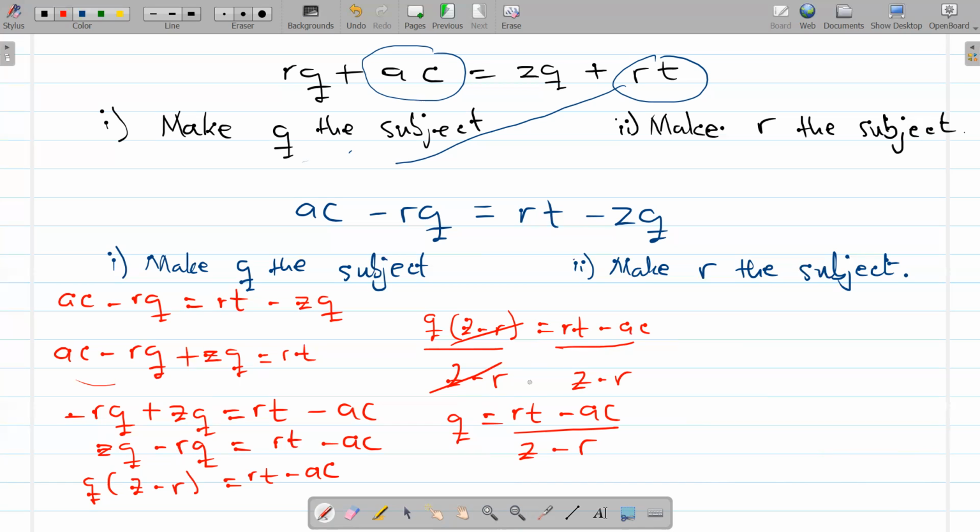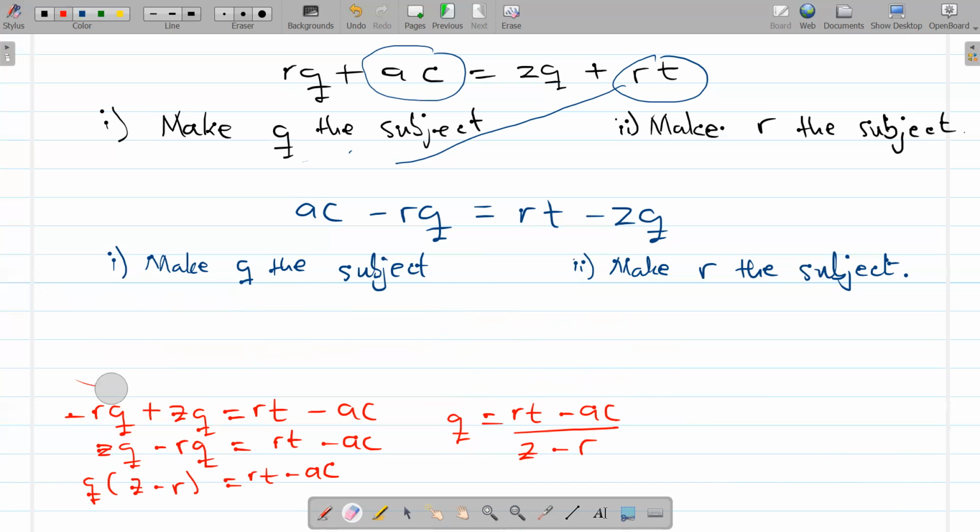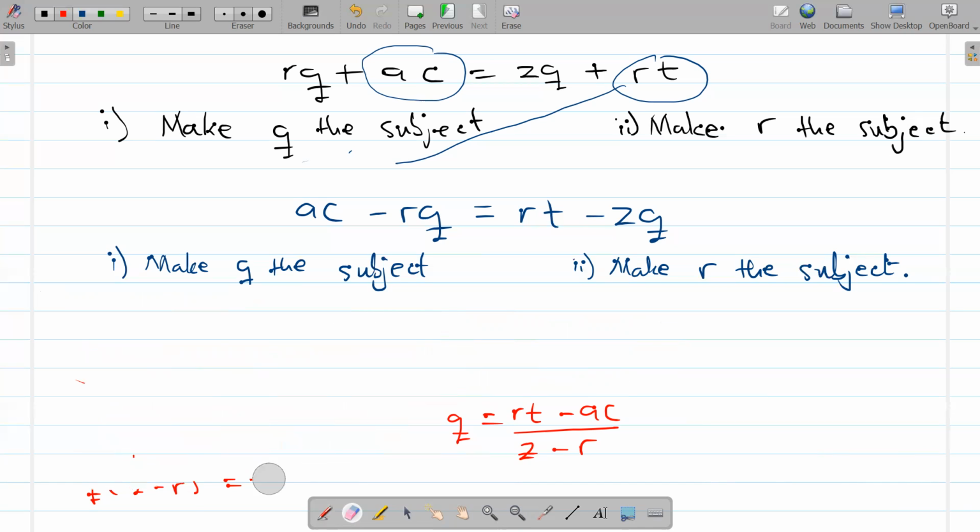Okay? So let's look at that with the R. So making R the subject. We want to make R the subject. So AC minus RQ is equal to RT minus ZQ. Okay, so what should we do? We want to make R the subject.